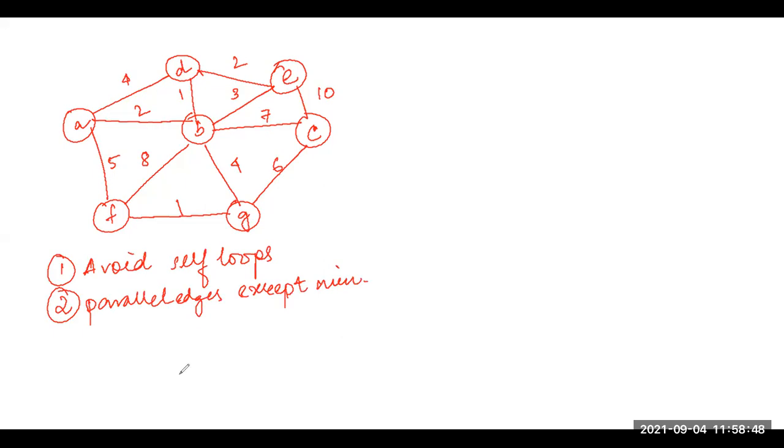So if the number of vertices in my graph is n, then the number of edges for the spanning tree will be n minus 1, right? So if there are edges between any two vertices, we will mark it with the value given to it. And if there are no edges between any two vertices, I will simply mark it as infinity, or any symbol you want to give, which will imply that there are no edges.